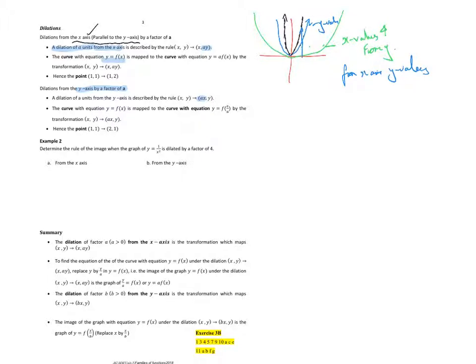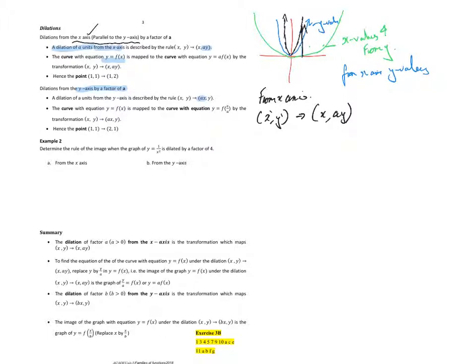So if we use a similar process to what we used last example, we dilate by a factor of a from the x-axis. I've got the point x dash, y dash, which will become, from the x-axis we're stretching up, the point x, ay.